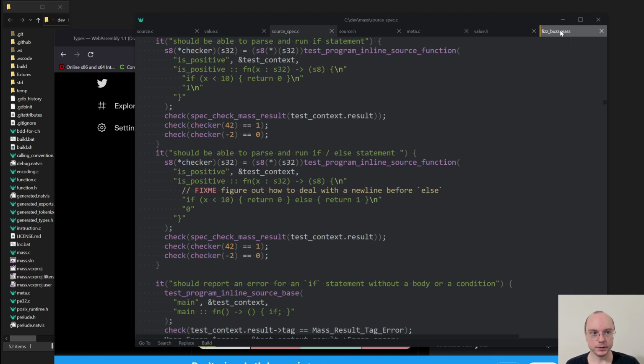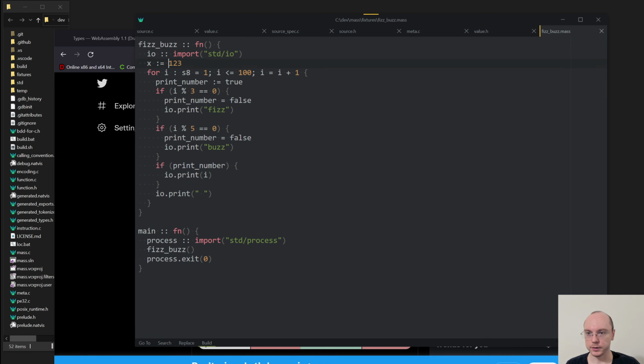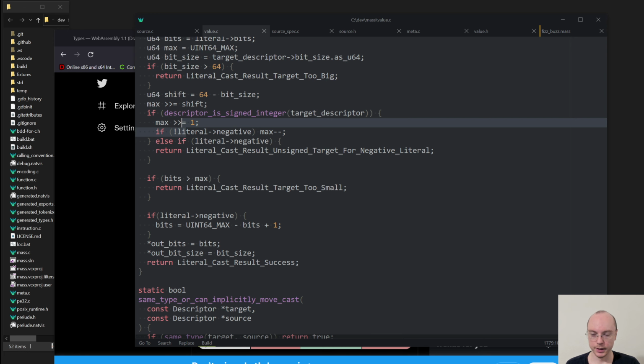This protects us from things like x u8 is minus 1, 2, 3. So that is a no-go because this is a negative number and we can't fit it. Or if it is larger than 256, it will also not fit. So this will be explicitly disallowed. This is the check that's happening in here.